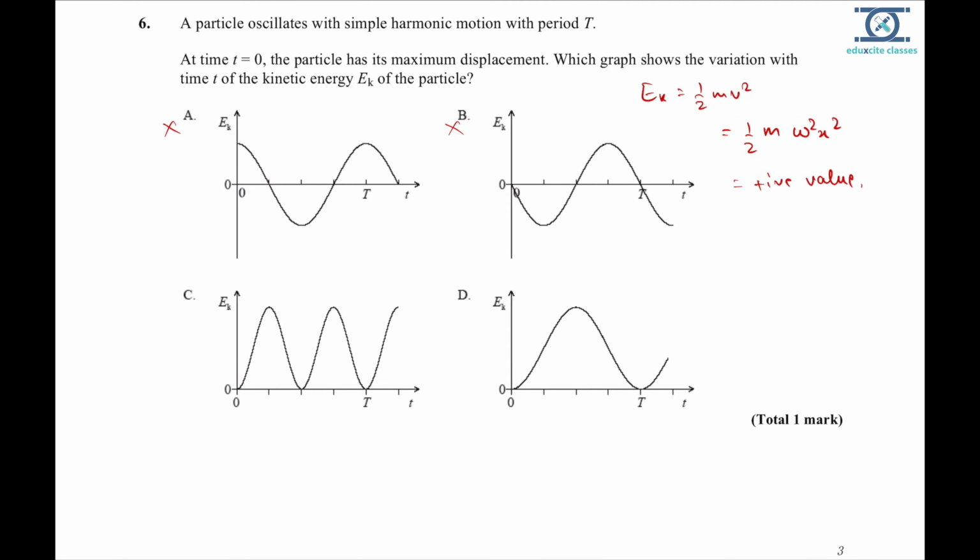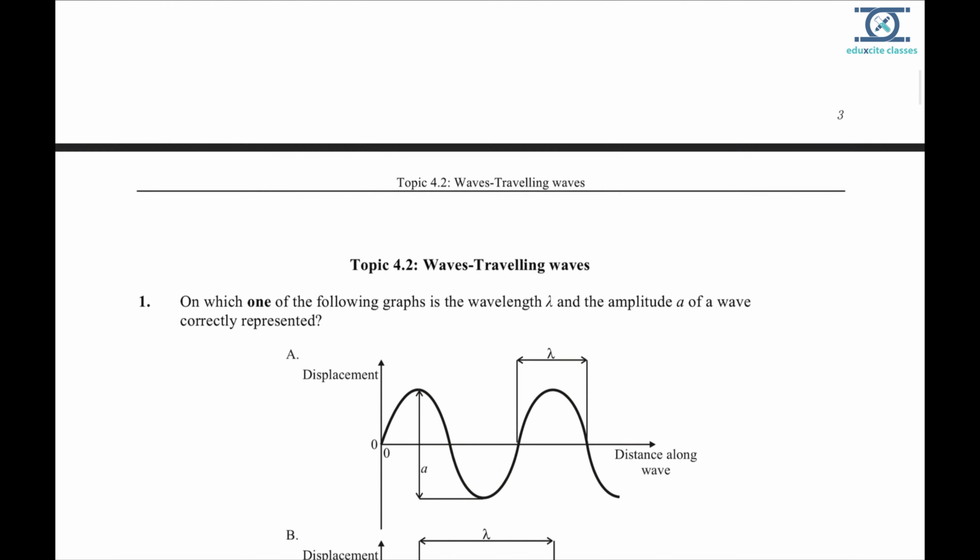If it started from this position, in one time period you can see it becomes 0 two times. One is here and one is at this position. Here there is no 0. Or you can say maximum also, because once while returning to the mean position and while again going to the mean position. So option C is the right answer.